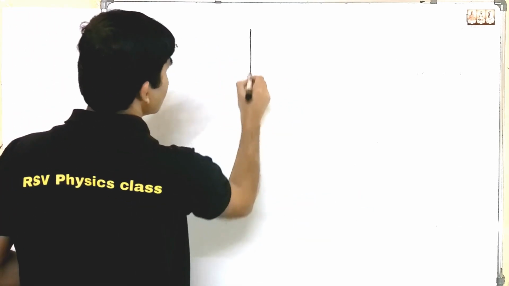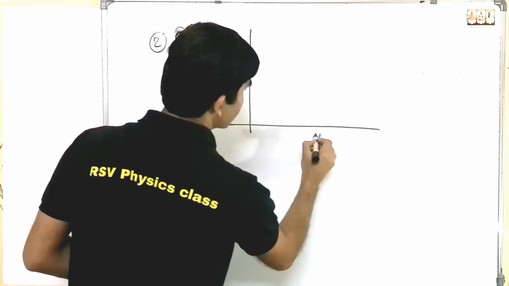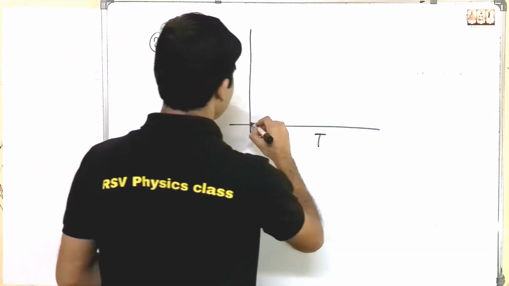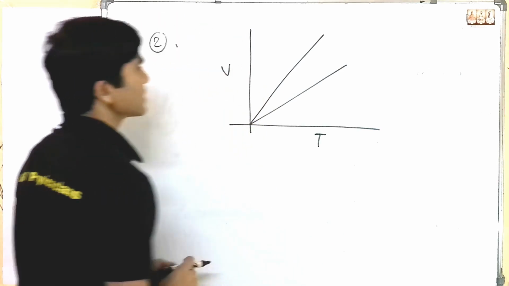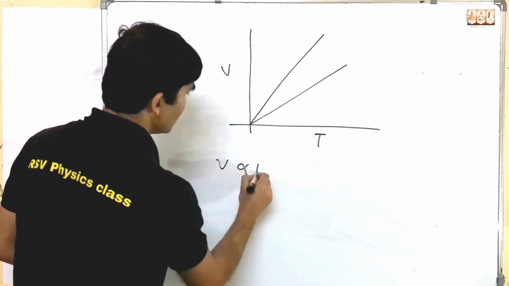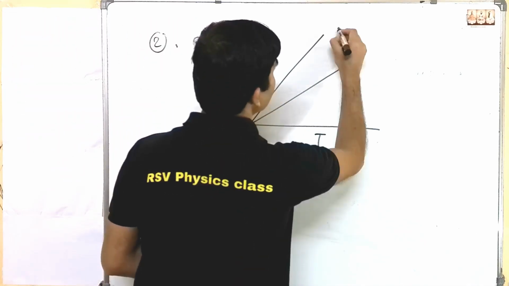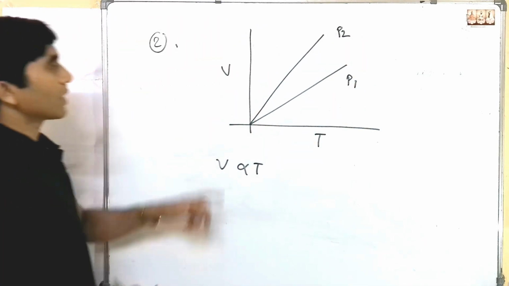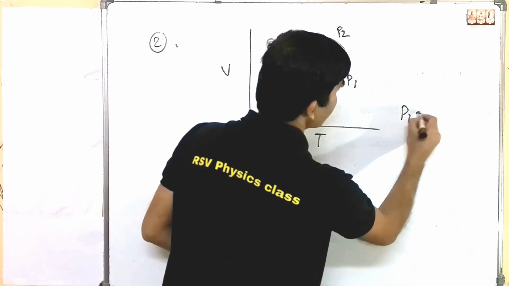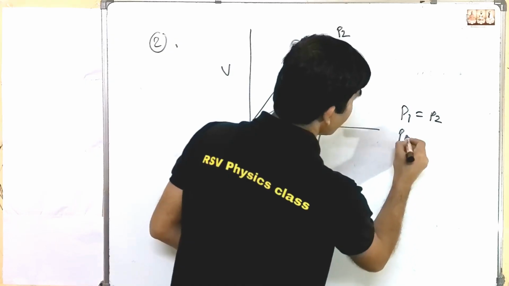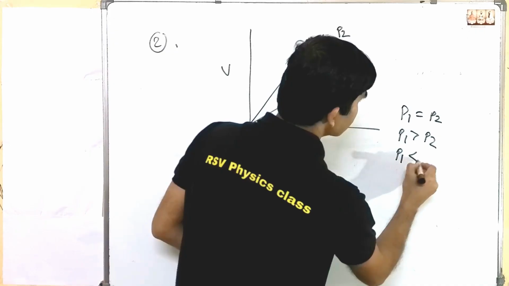See, this is the graph of V versus T. From Charles's law, this is for different pressures. V is proportional to T. For different pressures I have plotted P1 and P2. From the graph, can you say whether P1 equals P2, P1 is greater than P2, or P1 is less than P2?